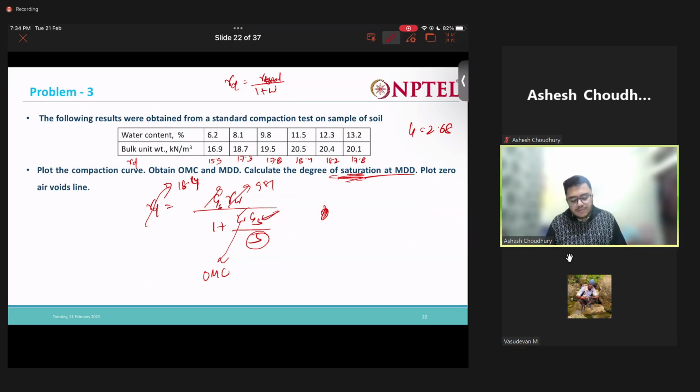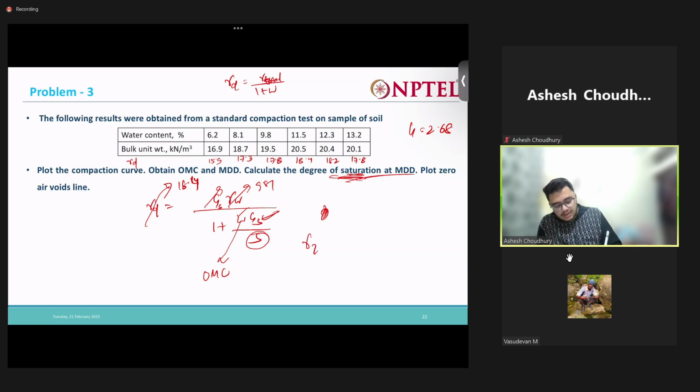Now it is also asked to plot the zero air void line. For that you just need the relation of the zero air void line, which was already discussed. This is the relation for the theoretically maximum possible value of dry density.